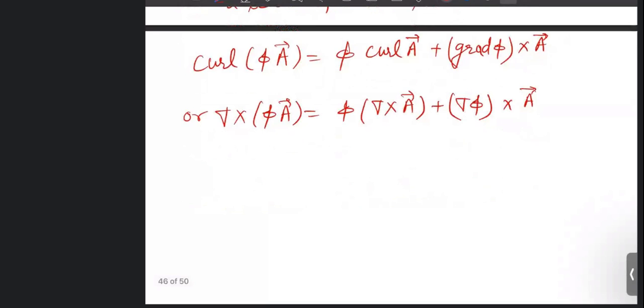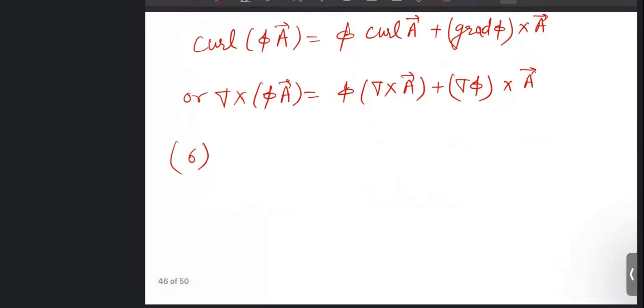Sixth property is of a different type. Sixth property is del of A dot B. Because dot product of two vectors is a scalar quantity, this del is a gradient.